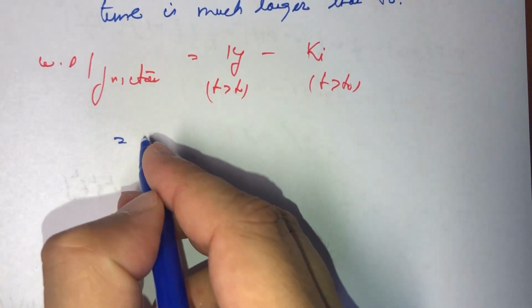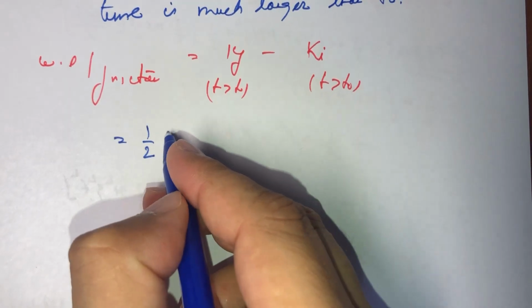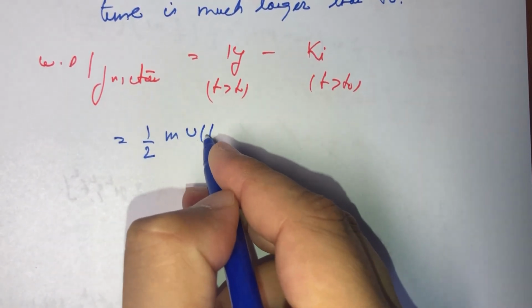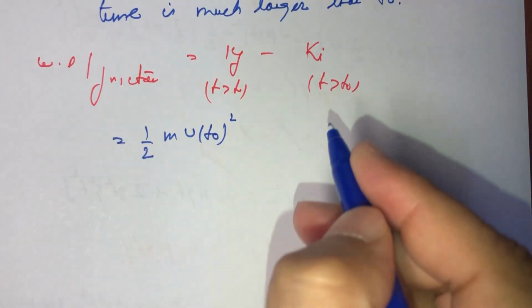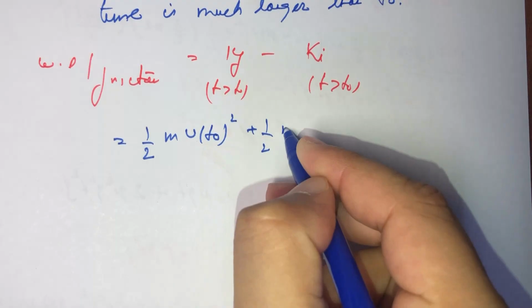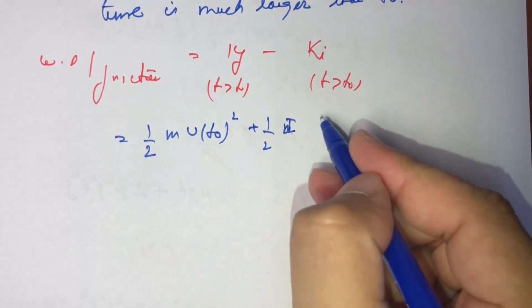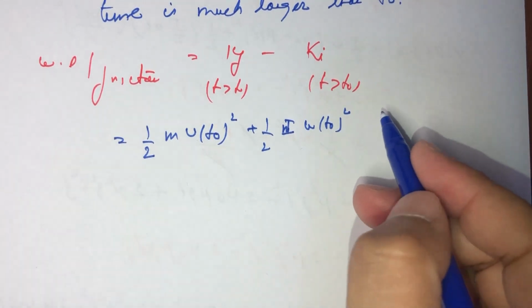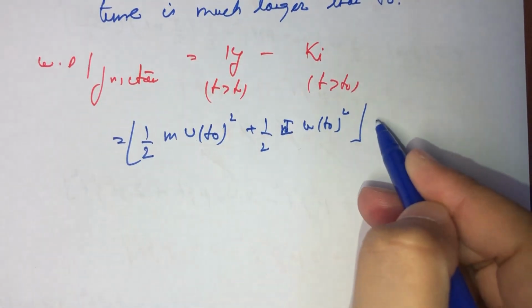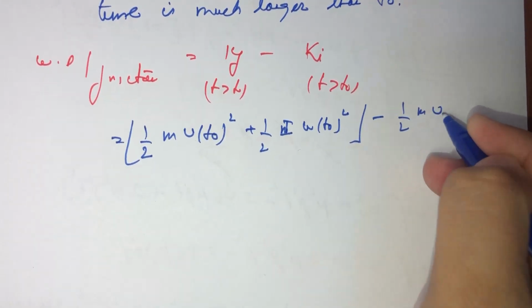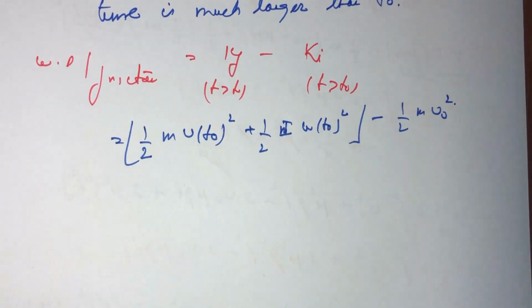So we get half m v at t naught whole square, plus half I omega at t naught whole square, minus half m v naught square.